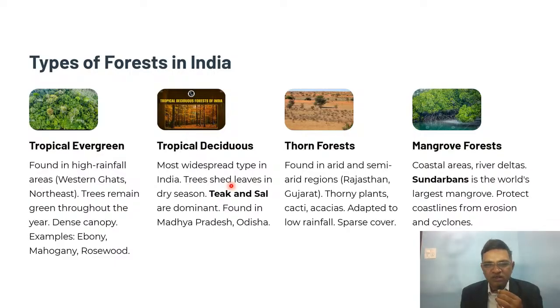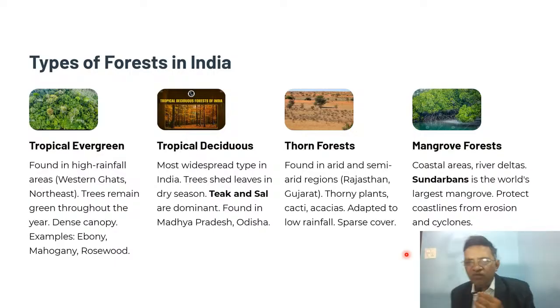Then thorn forest is found in arid and semi-arid regions like Rajasthan and Gujarat. Plants like cactus and acacias are adapted, so even though they have low rainfall, there is sparse cover. Okay, then mangrove forest.